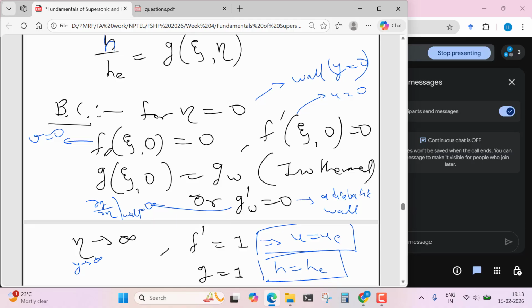So our boundary conditions will be f(ξ, 0) equal to 0, which is for v equal to 0, and f'(ξ, 0) equal to 0, and g(ξ, 0) equal to gw, which is the value of g at the wall. This will be for the isothermal wall. This will be corresponding to T equal to Tw at the wall.